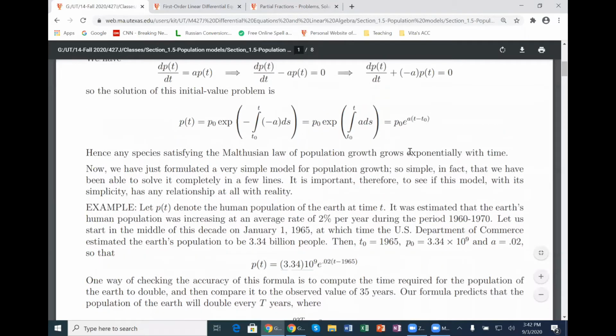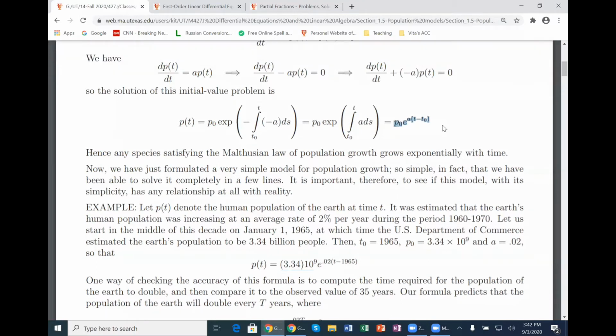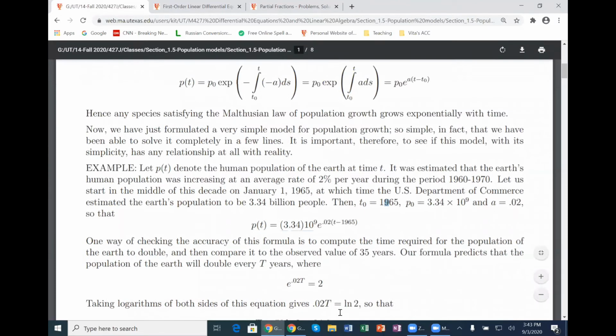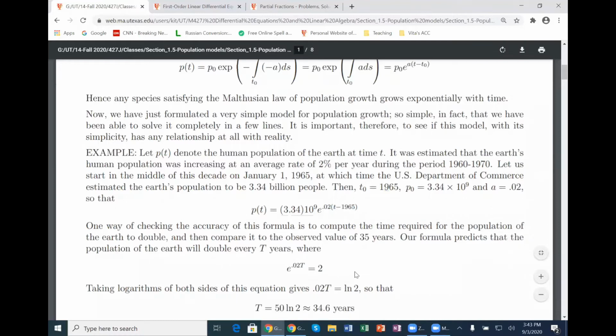Well, to double means this is equal to 2 times P0. If this is equal to 2 times P0, we can cancel out P0, and in our particular case, we'll get the following. This portion, which is over here, let us replace this by capital T, is equal to 2.